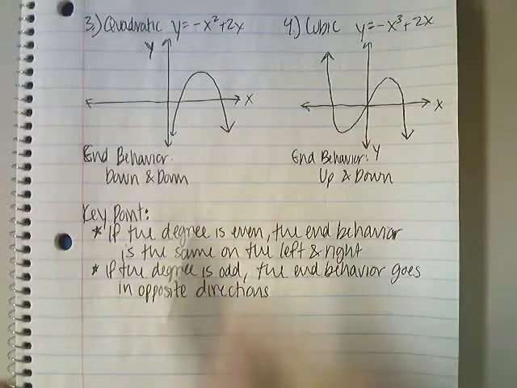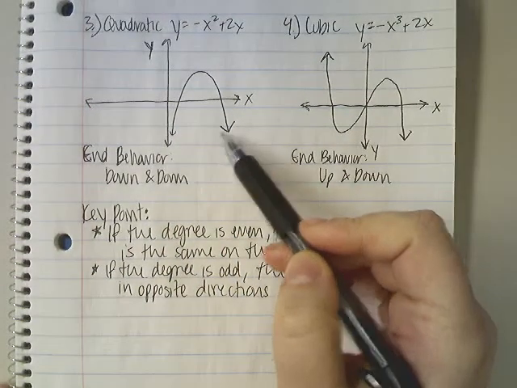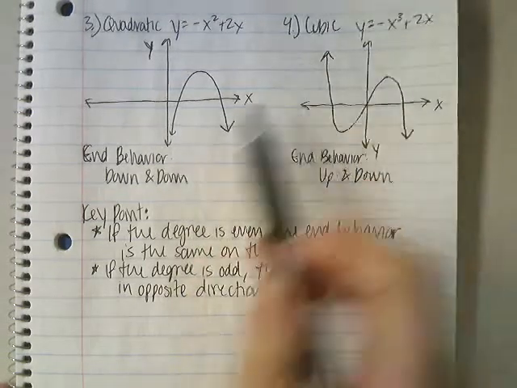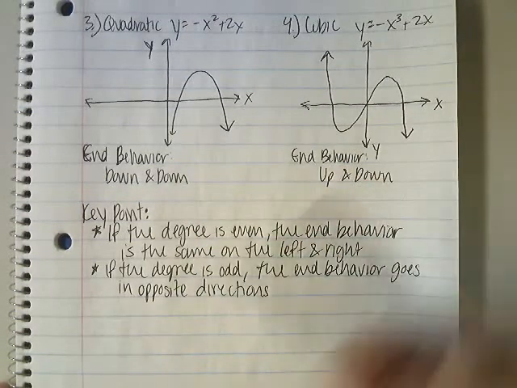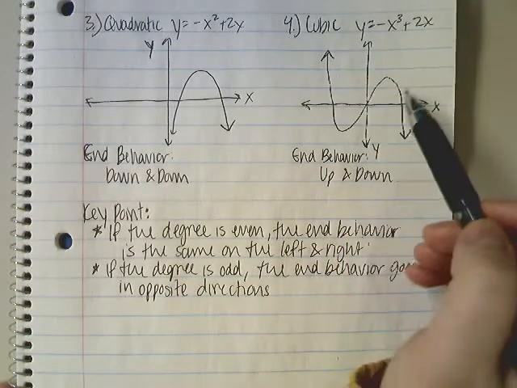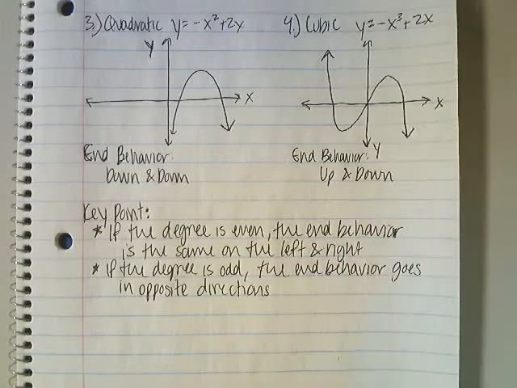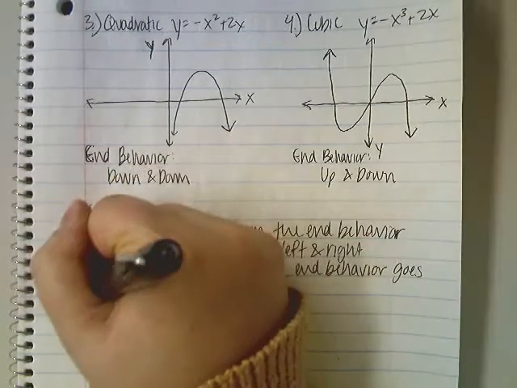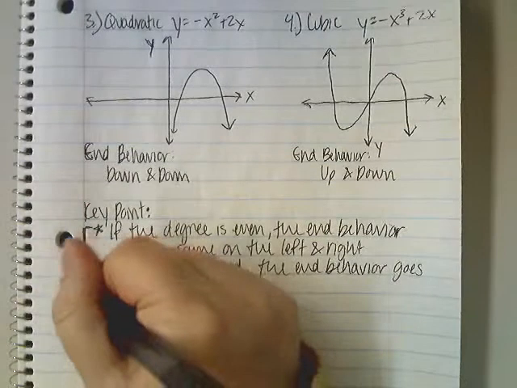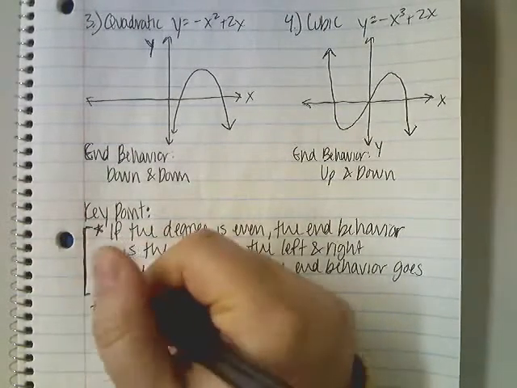You may be wondering then, how do you determine if it's going down or up? So if it's even, I know that they'll go either both down or both up, but how do I know if they're going down or up? And same with cubic, I know one's going up, one's going down, but how do I know if the left's going up and the right's going down or vice versa? And then, so these are about even and odd. The other thing to keep in mind is the a value.